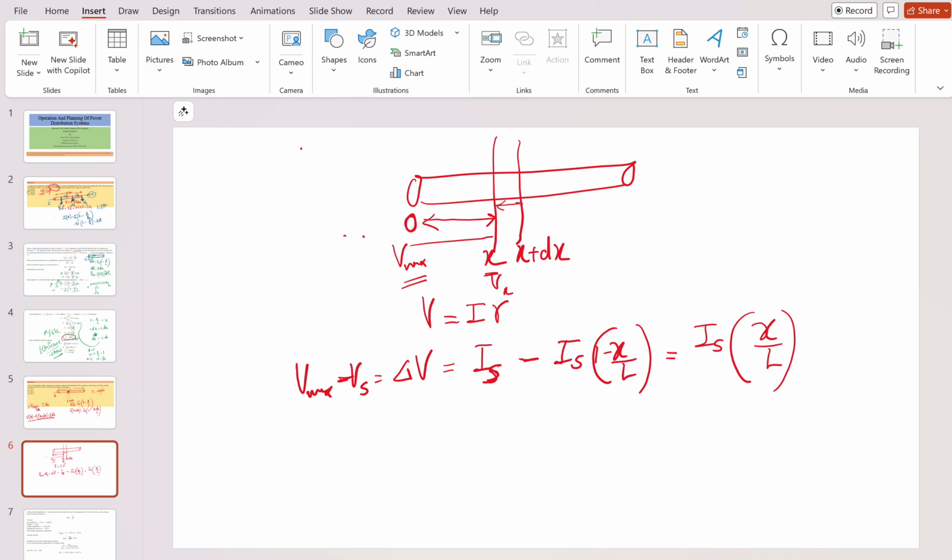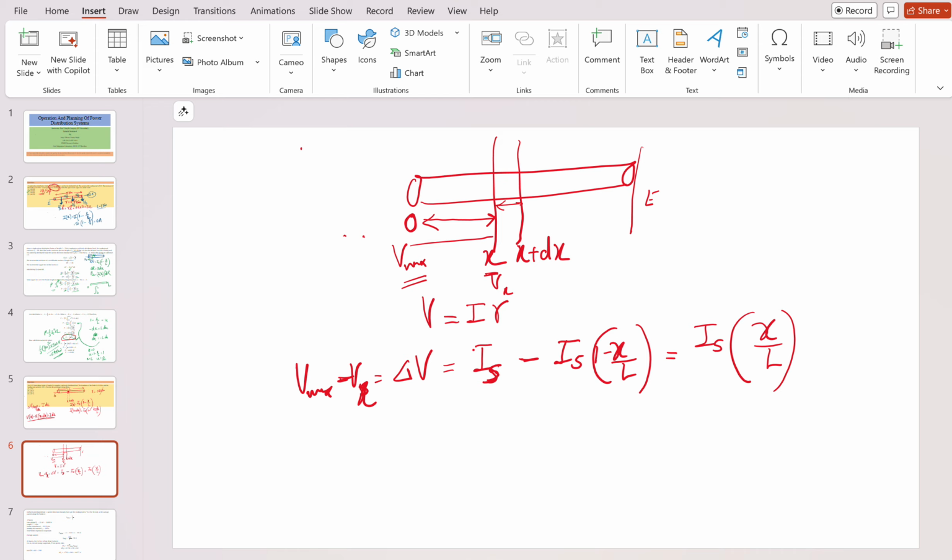Because at the source end the voltage will be maximum, and as you move towards the end side, the voltage keeps on decreasing. So Vmax is at the source end, and this is at a distance of x, that is Vx. To find it out, subtract the current and multiply by the Z.